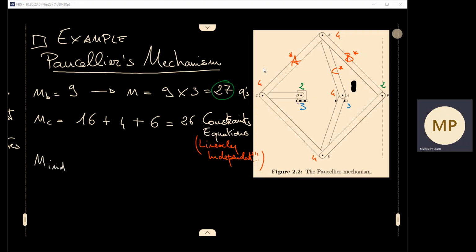N independent is basically MB, so it's N minus, so the total number of the parameters, minus the linearly independent constraints. That's to say, 1.